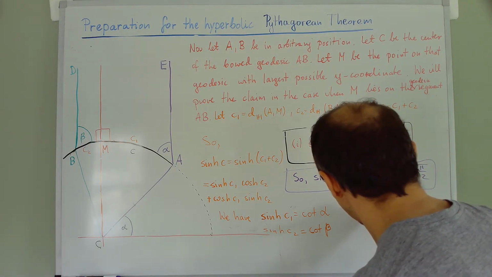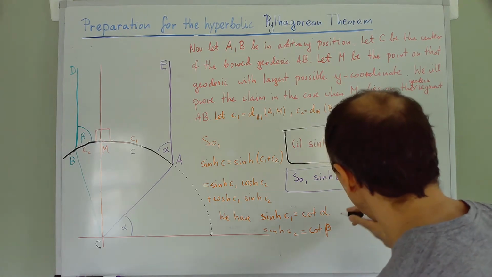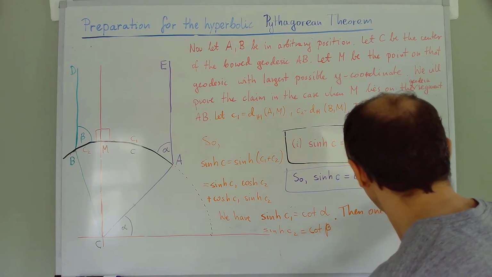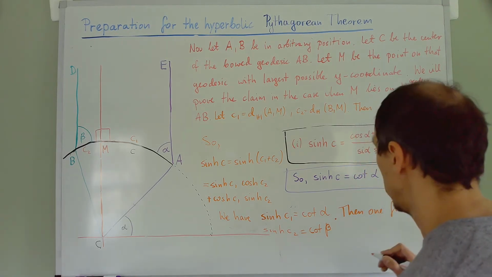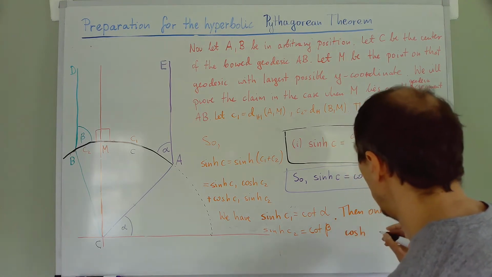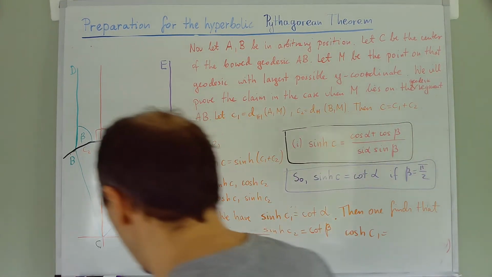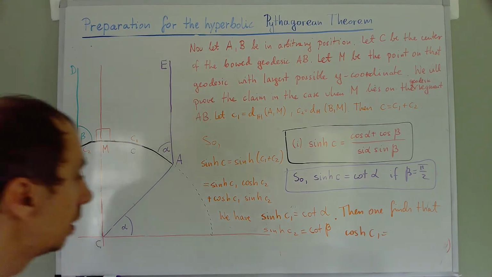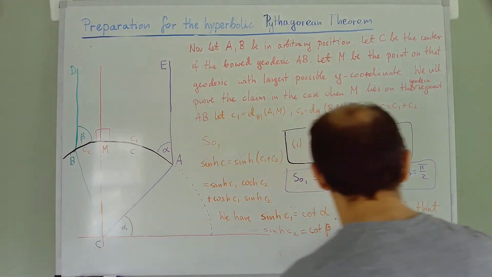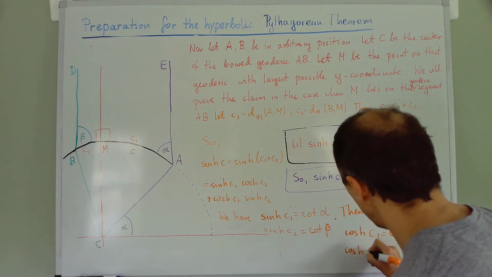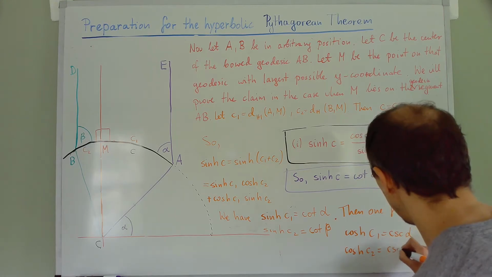Then one computes that the hyperbolic cosine of C1 is actually equal to cosecant alpha, and the hyperbolic cosine of C2 is equal to cosecant beta.